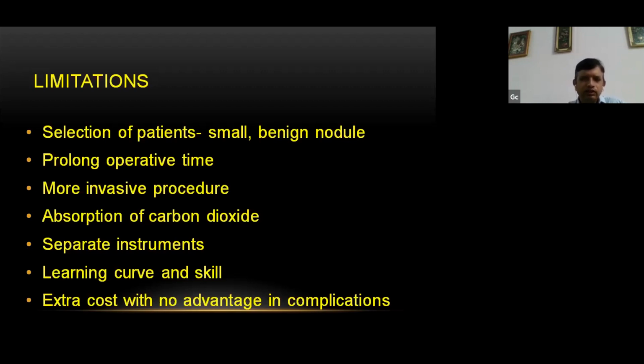Then go up to 3 to 4 centimeters. Don't go beyond 4 because the vascularity, everything becomes higher. So first up to 4 centimeters you try after 10 cases, and once you do 20 cases, you become confident. Then gradually you can increase the size and increase the indications.